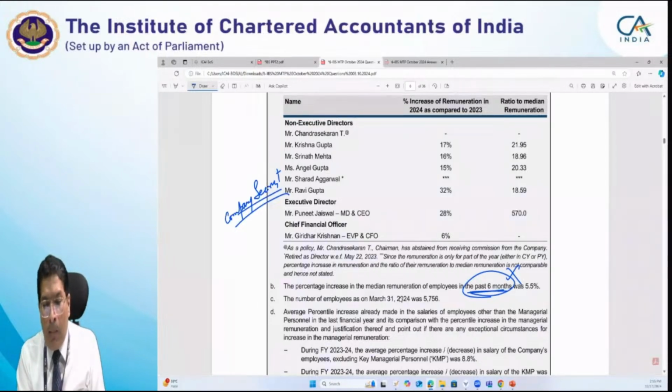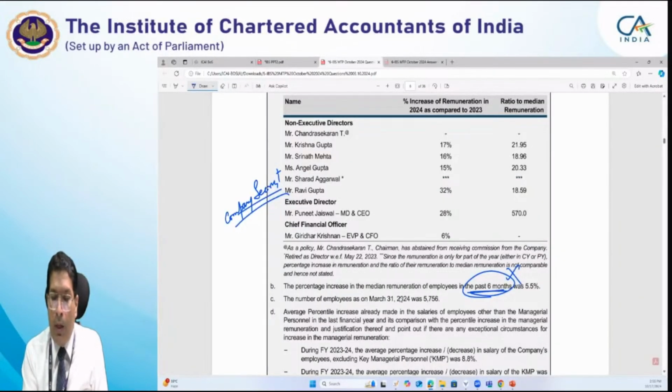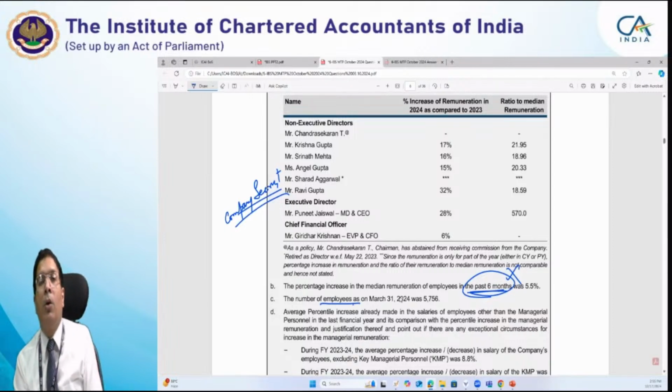Okay. The number of employees on March 31st, 2024 was 5756. And here it is written the number of permanent employees, here they have to give permanent employees, but they have given total employees including permanent and contractual.